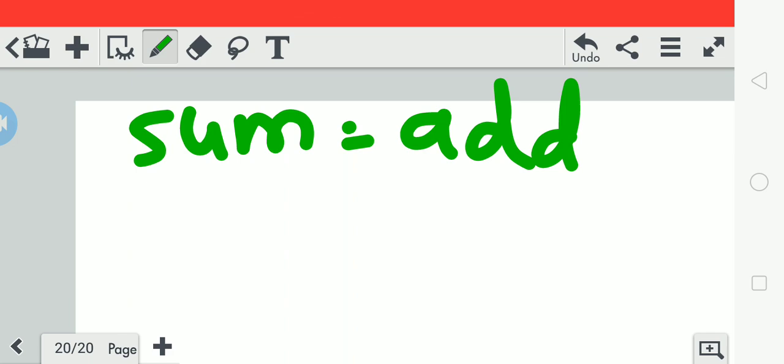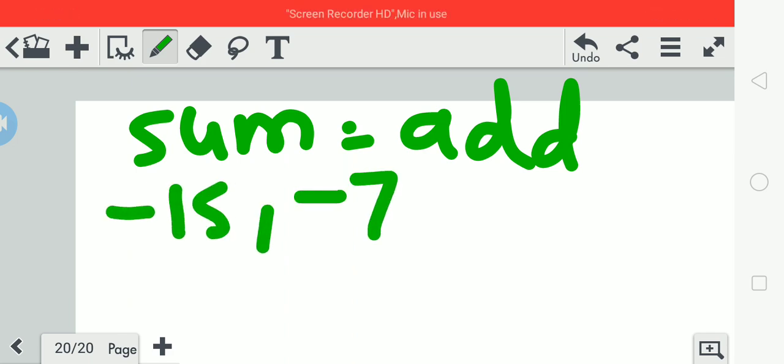The first pair is minus 15 comma minus 7. Now you can see both numbers are negative here, right? So which rule will you apply? Rule number second, when the two numbers are negative, the answer is also negative. So I know that my answer will be negative.